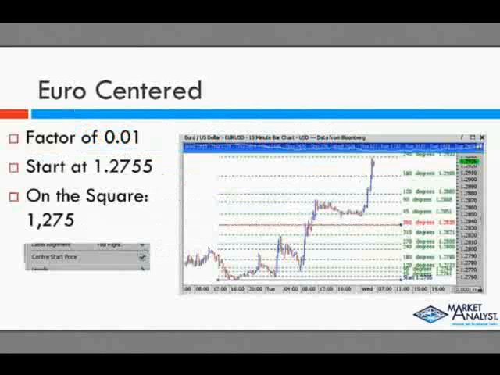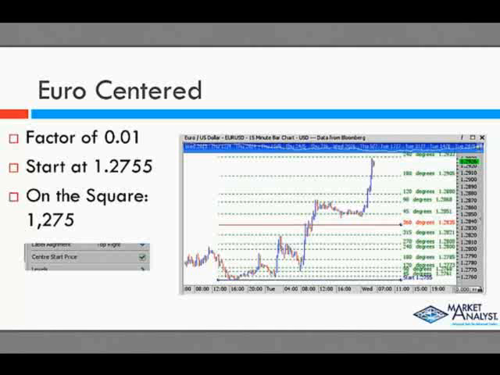So this is that 15-minute euro. Again, it's got a factor of 0.01 this time instead of 0.001. The reason is that because I'm not traveling so far around the square, I don't need such a small factor. I can bring my factor up by 1 scale of 10. That's what I've done here.